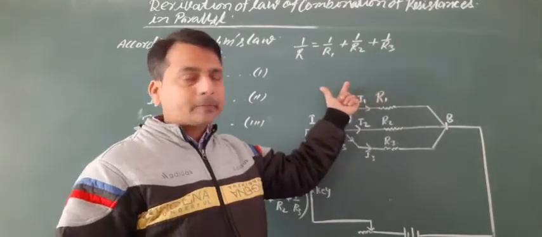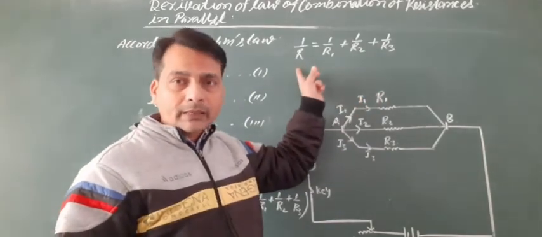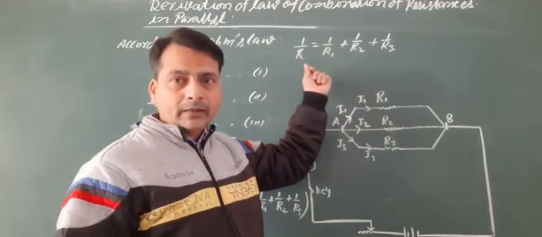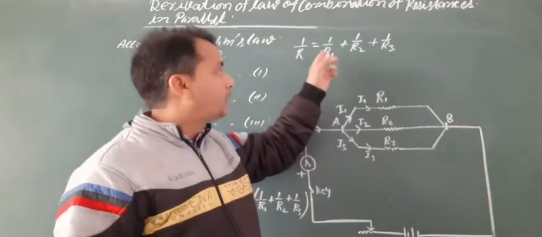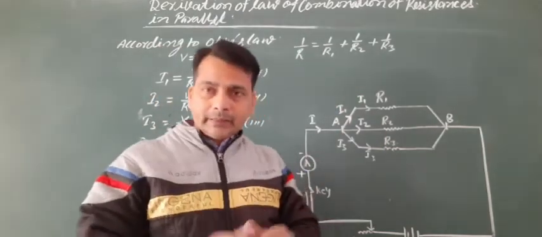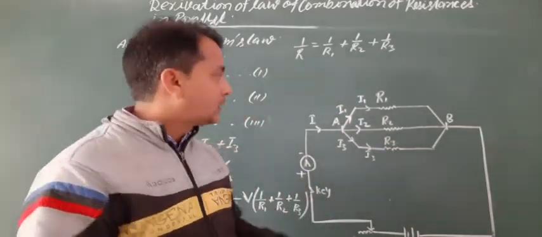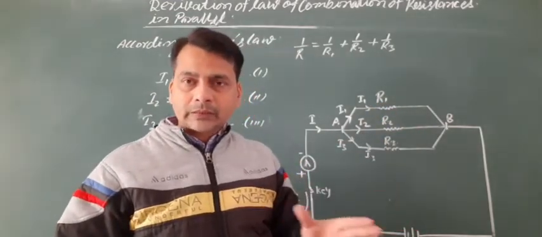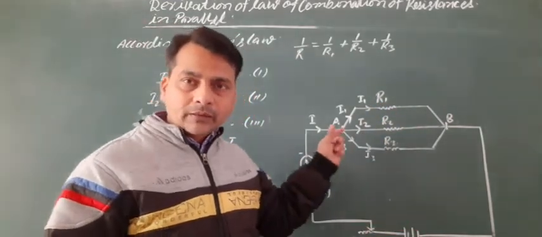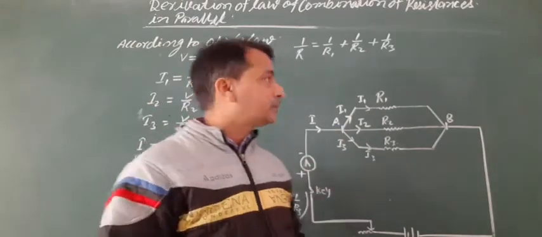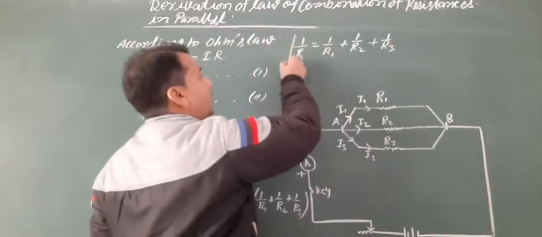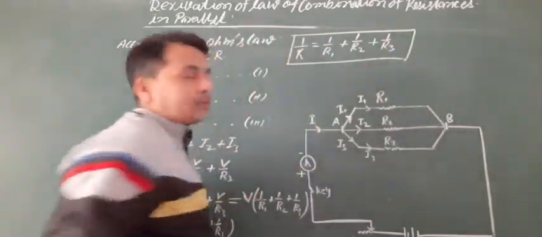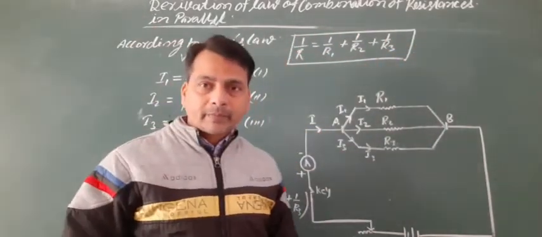If the equivalent resistance is R, then the reciprocal of the equivalent resistance R is the same as the sum of the reciprocals of each resistor. Then 1 by R equals 1 by R1 plus 1 by R2 plus 1 by R3.